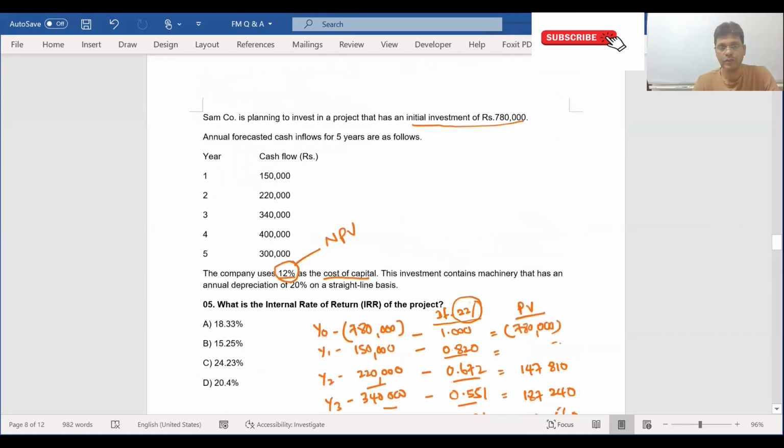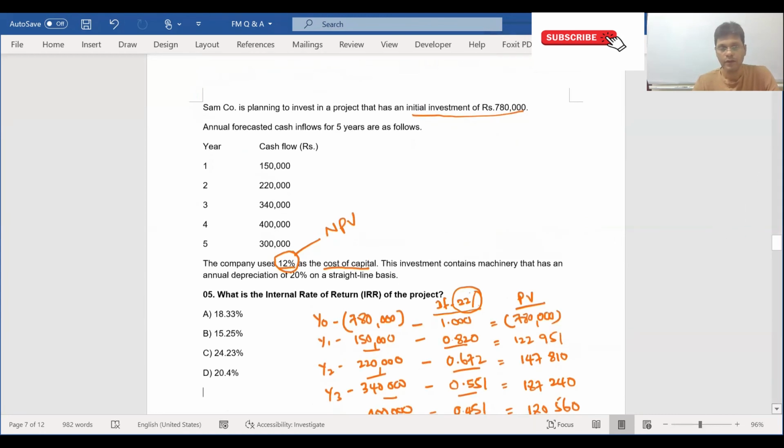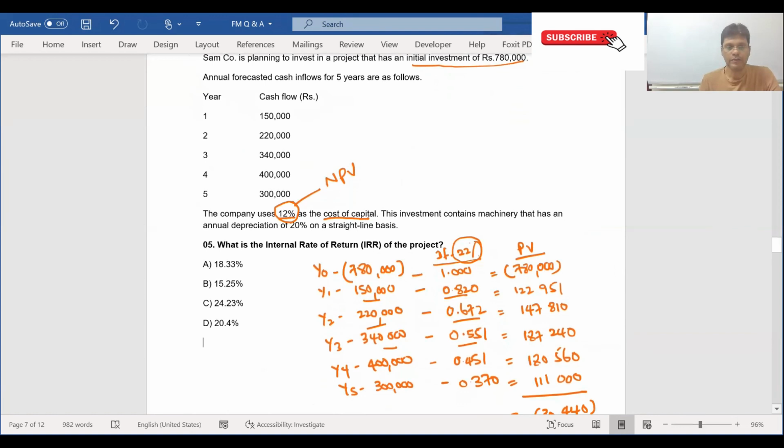So let's go through the answers. You are given 4 answers, which is 18.33, 15.25, 24.23, and 20.4. So the closest answer is 20.4.